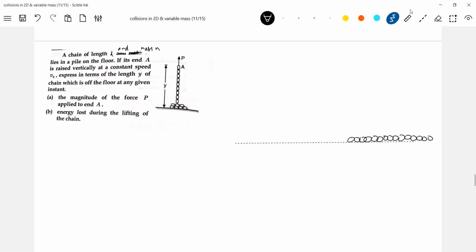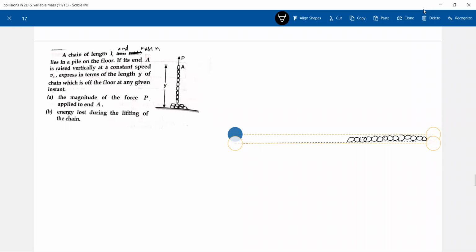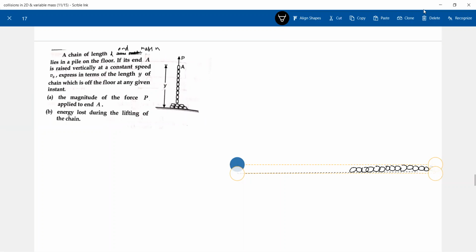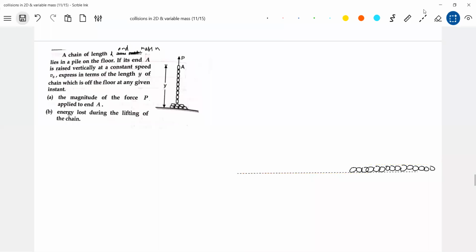Now I'm going to lift it up. Yesterday it was a falling chain. Now I've just picked up a problem, rising chain, and will also bring the energy idea into the picture.